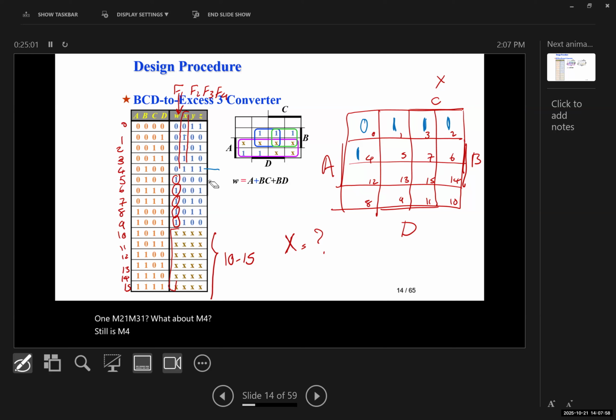What about M5? 0. M6, 7? M8? 0. What about M9? 1. And the rest of it is don't care. This is the table that we have.